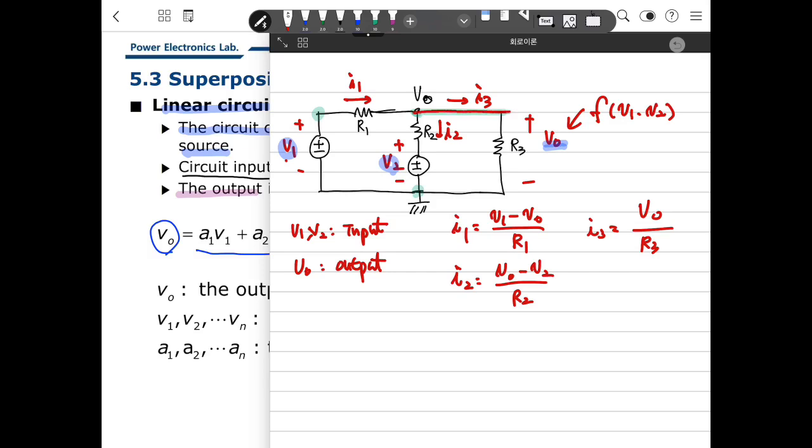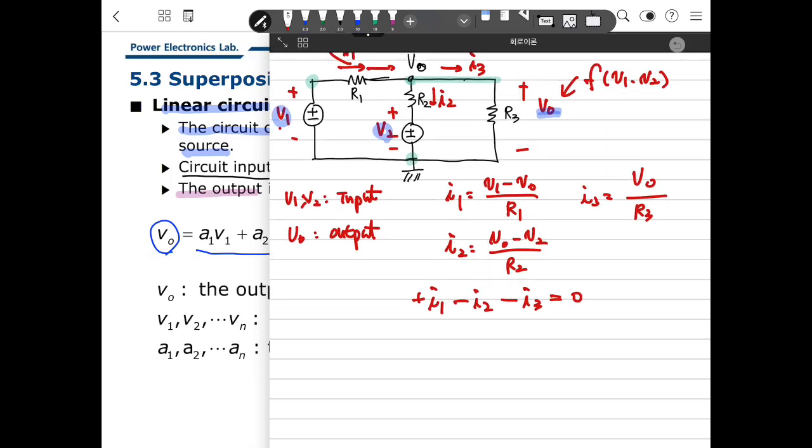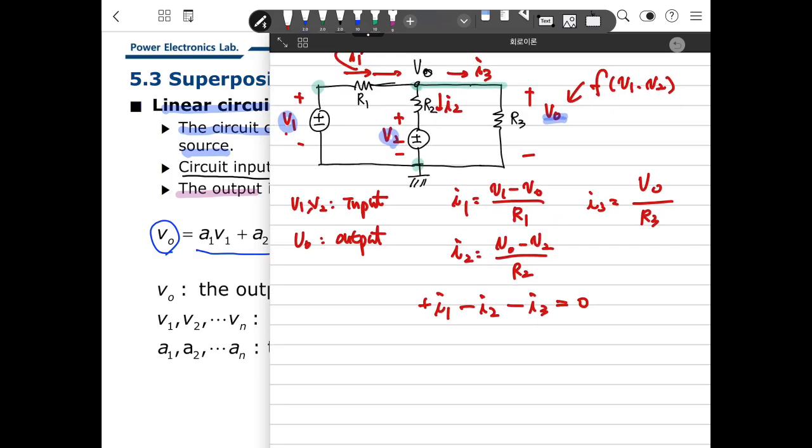What is that? I like to choose the incoming current to the node as a positive sign. I1 is coming to the node, so plus I1 minus I2 minus I3 will be 0. Then we insert the values here.